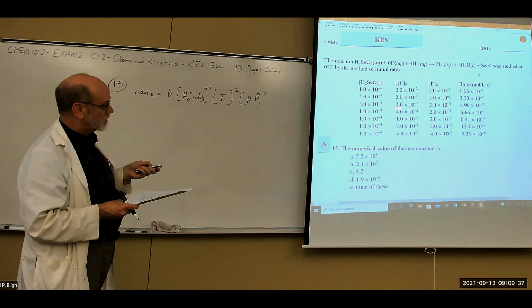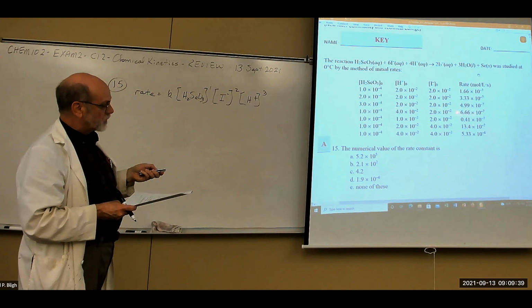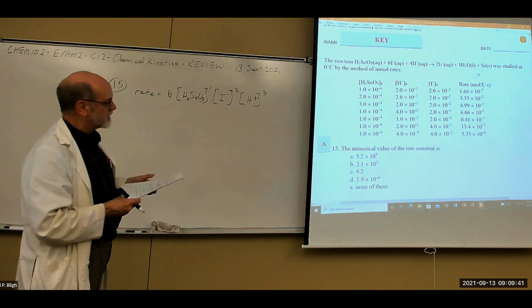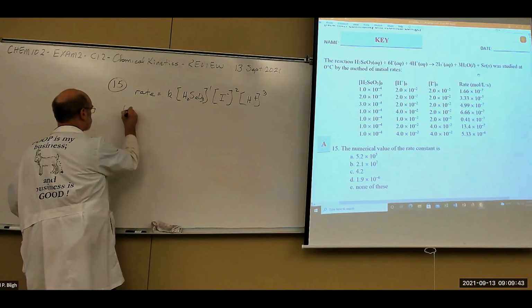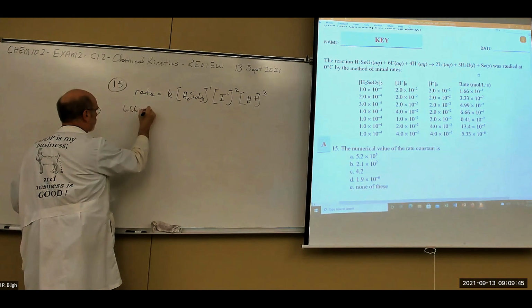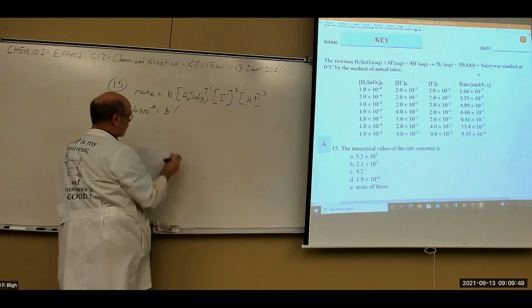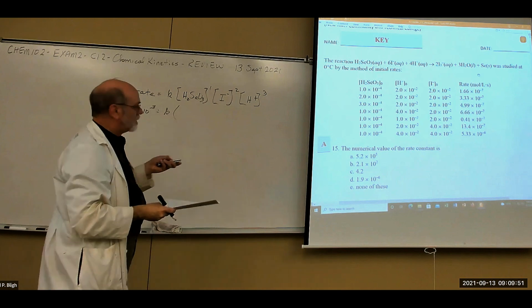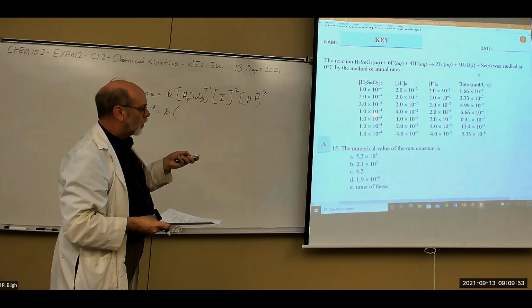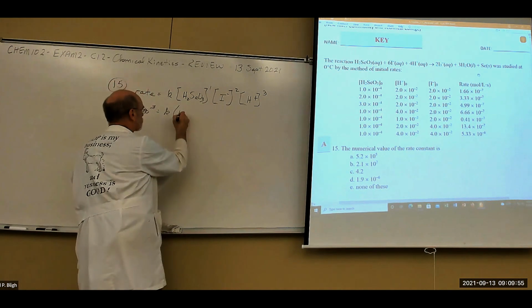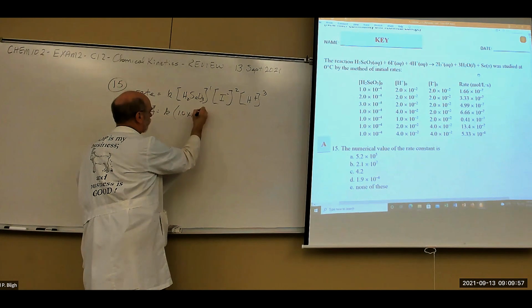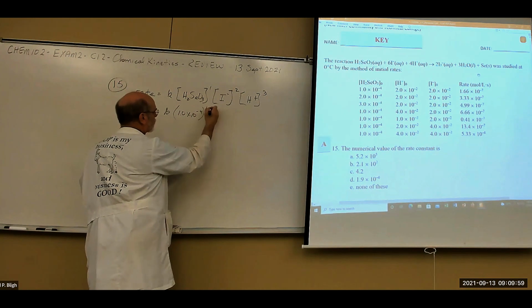This one right here. So the rate is 6.66 times 10 to the minus 7 equals K. And then the concentration is 1 times 10 to the minus 4 to the first power.